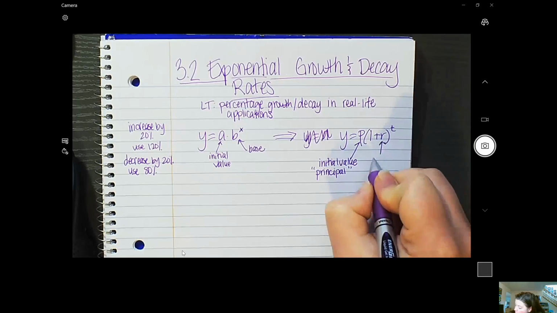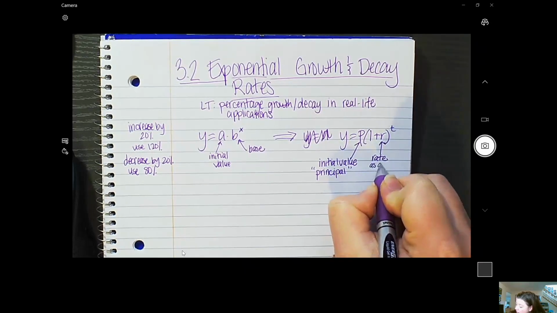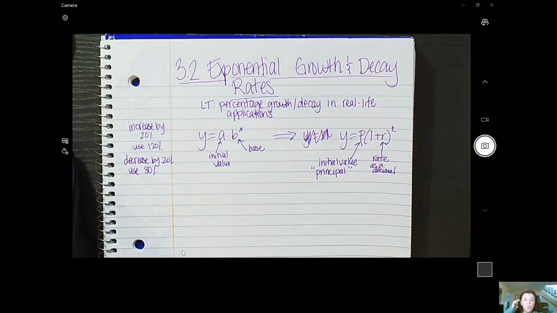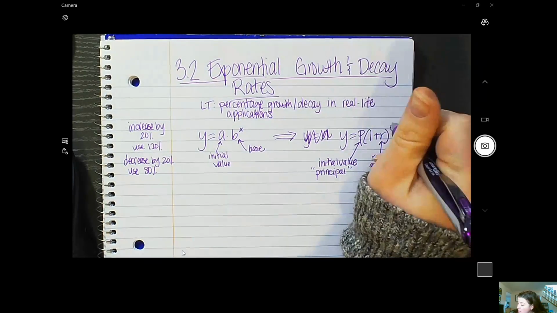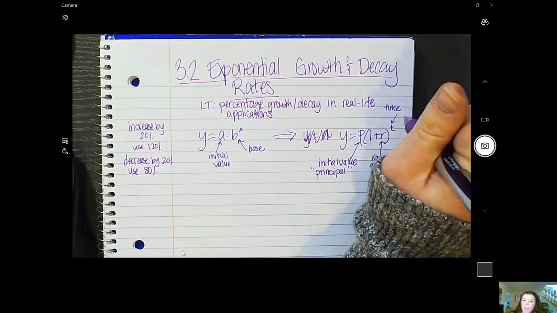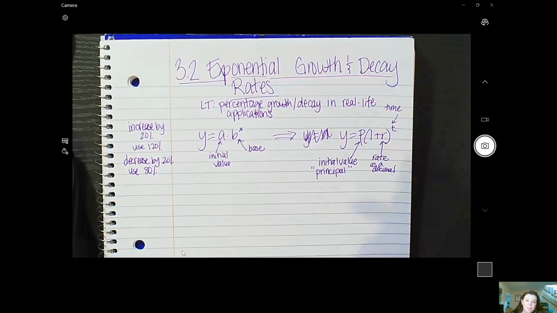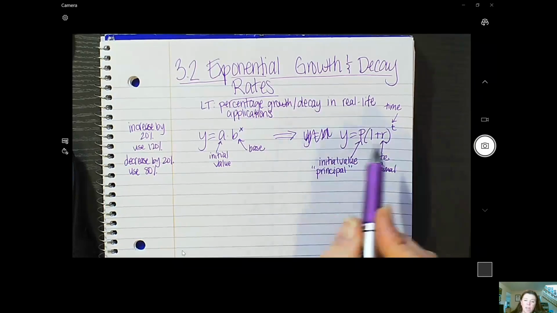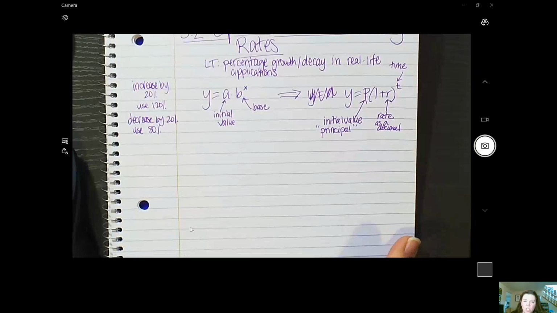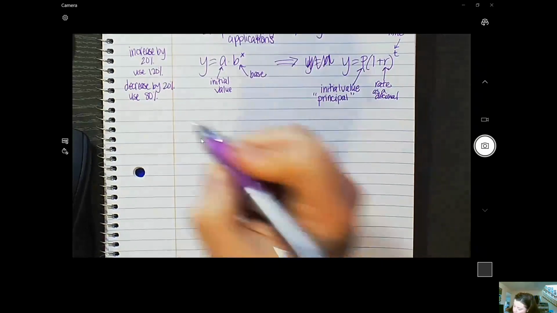Then R would be the rate, and it is as a decimal. So if I give you a percent, you need to make sure that you're changing it to a decimal by moving the decimal over 2 places. And then instead of x, we often use t because in these problems the exponent is referenced to time. So it is the same equation, we just use different letters to show the adjustment of the kind of problems that we're doing.